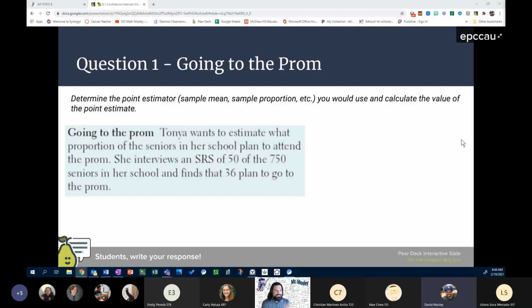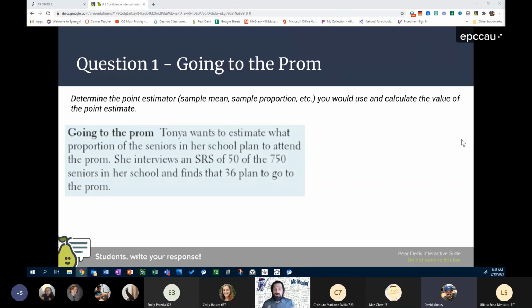From the provided context, what can we calculate? Right? What are we talking about? We're told that Tanya is estimating proportion. Right? That's right there in the context. So the point estimator should be the sample proportion. Okay? I can only pick one of these things.